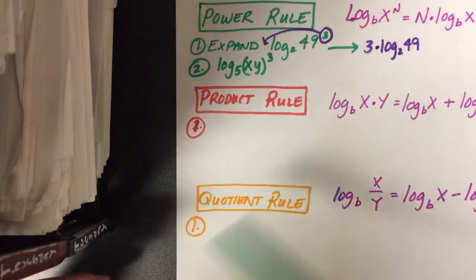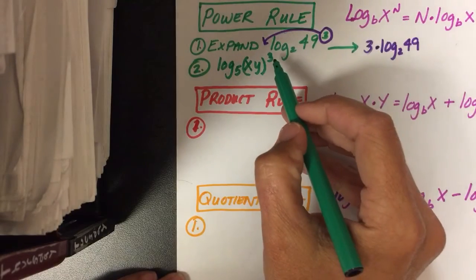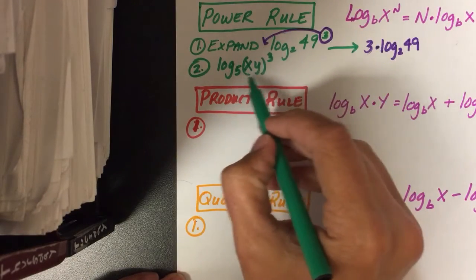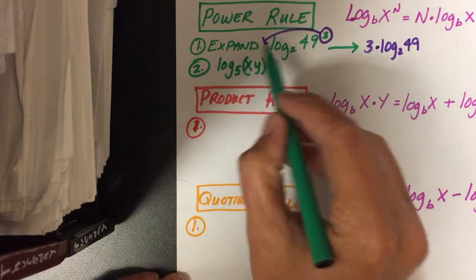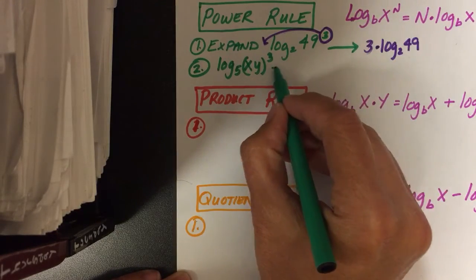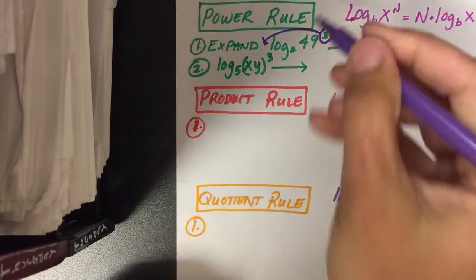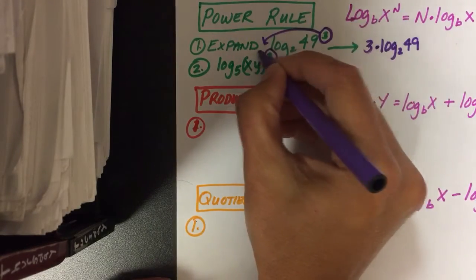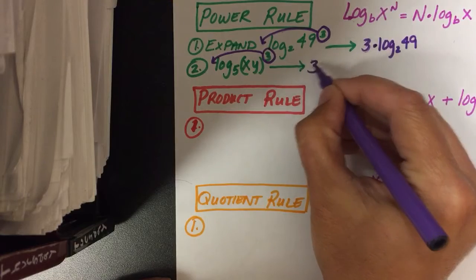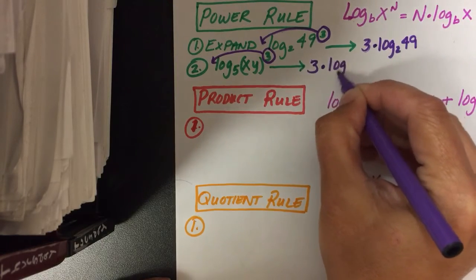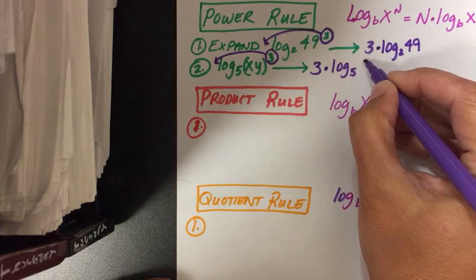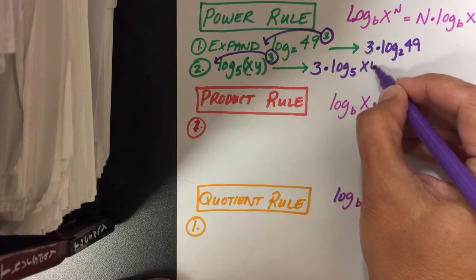Well, again, the rule states that as long as the exponent is tied to the entire thing, which it is here, we can move the exponent in front. So I'm going to take that 3 and move it in front, and this becomes 3 times log base 5 of x times y.